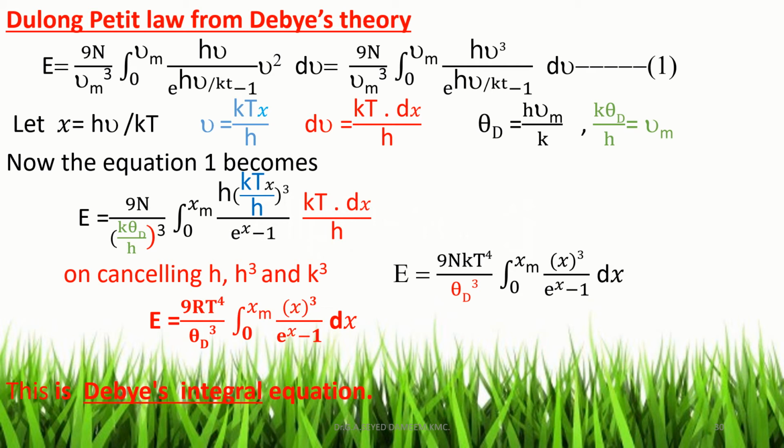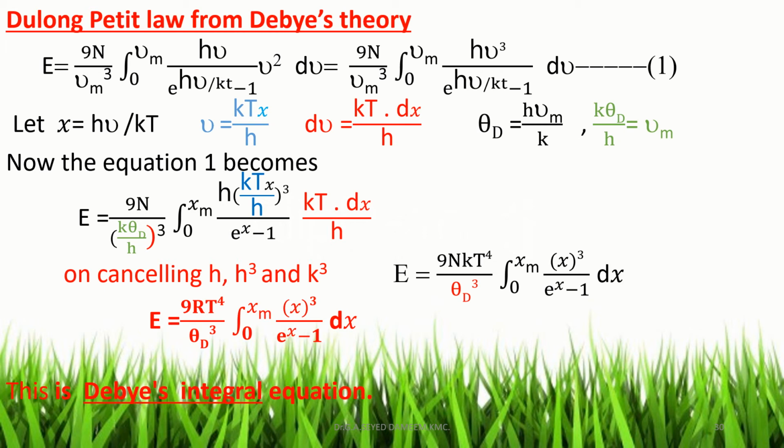So the equation 1 becomes E is equal to 9N divided by (kθD divided by h) whole cube, because νm is equal to kθD divided by h, integral 0 to xm, and ν is substituted as kTx by h, therefore (kTx divided by h) whole cube, and dν is substituted as kT dx by h, and divided by e power hν by kT, which is substituted as x, therefore e^x minus 1.